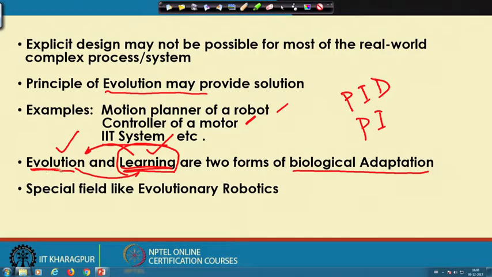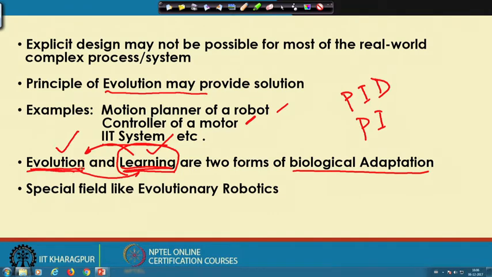The same principle we can use here in an artificial way to design and develop complicated systems or processes, and if you want to model them in a very efficient way, this is the way we should do it. Now, if you see the evolution tool, for example, we have already discussed the working principle of the genetic algorithm as a very efficient optimization tool.